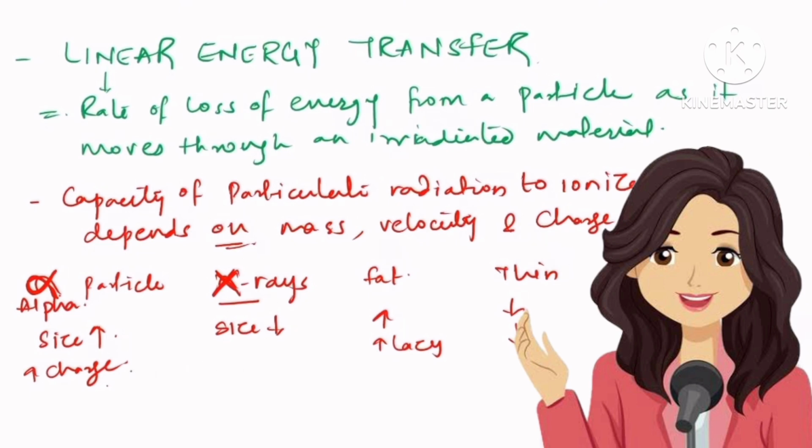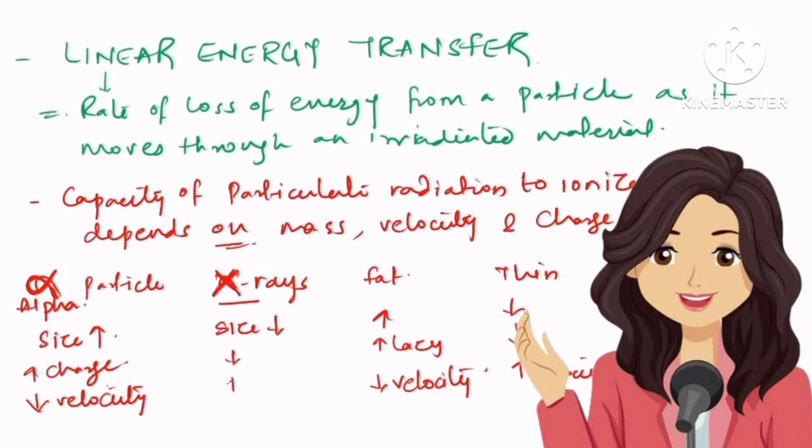So the charge is greater, and the velocity will be lesser in alpha particles because of their size. A fat person will run at a slower speed compared to a thin person, so the fat person will have less velocity, and the thin person can run faster. So the velocity of the thin one will be greater.